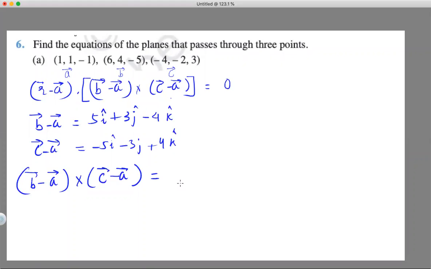Why? Why would this result be 0 even without doing the calculation? Bolo beta. Why would this be 0? 0 is the correct answer, but why will it be 0?